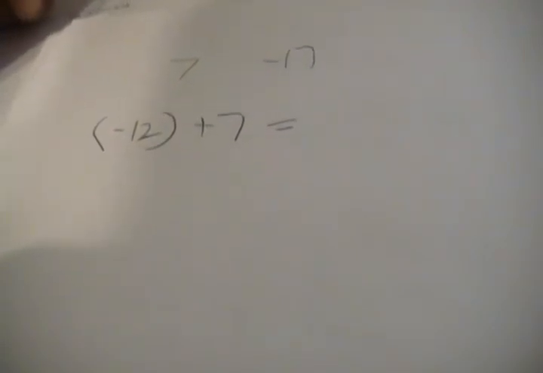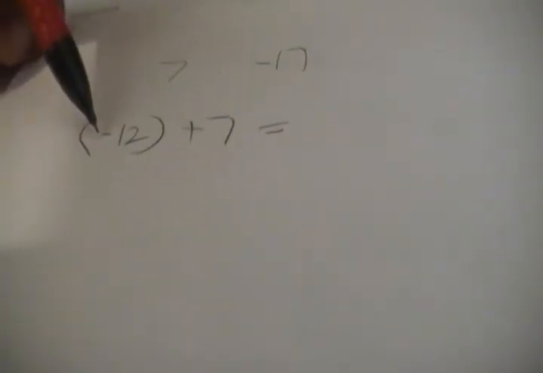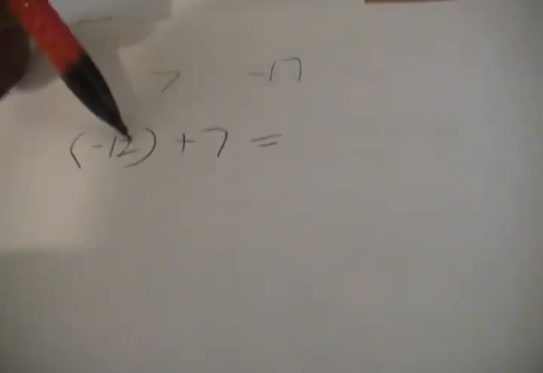So let's try the first problem. It's going to be negative 12 plus 7. Alright, so let me just do this as an example. When you have a negative number and you add that to a positive number, what you're going to do is subtract those two numbers.